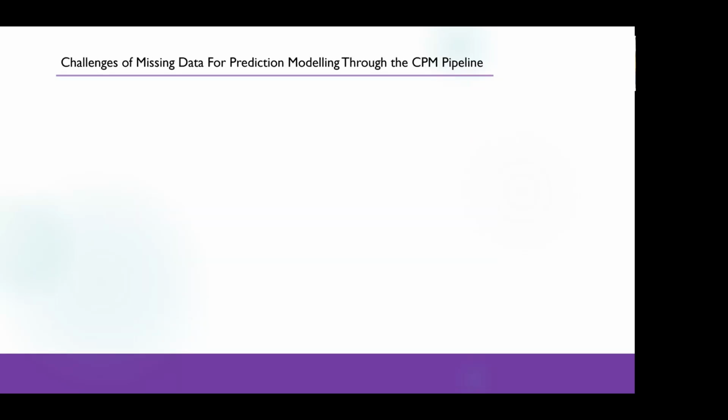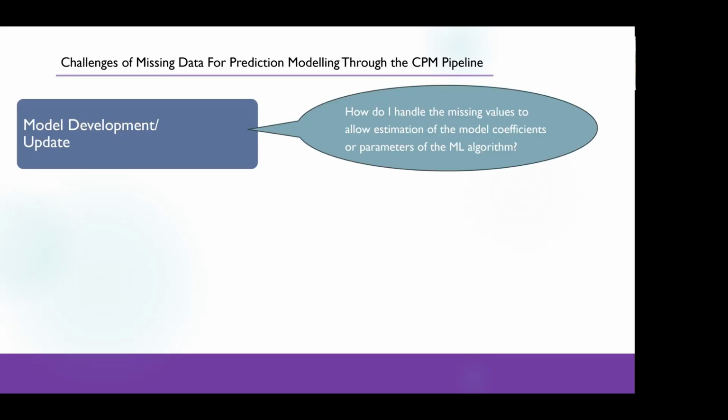The reason I'm particularly interested in this topic, and I guess why there are quite a few people here today, is that missing data presents challenges to us at every single stage of the prediction pipeline. For model development or model updating, if some of the predictor variables are missing, then we have a challenge of how we're going to handle those missing values in order to estimate, say, model coefficients or the parameters of a machine learning algorithm.